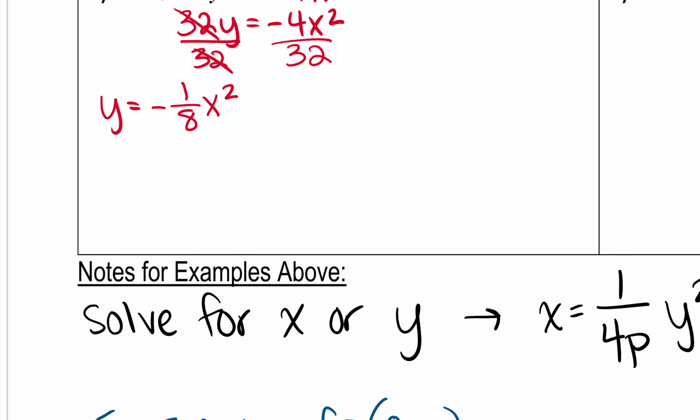So if I have y equals 1 over 4 times, now notice it's negative, so I have to include negative 2. So I'm just changing that bottom number, the negative 8, into 4 times something. It has to be 4 times a number. So negative 2 is my number. That would give me p. So this is p that I'm looking for right here.